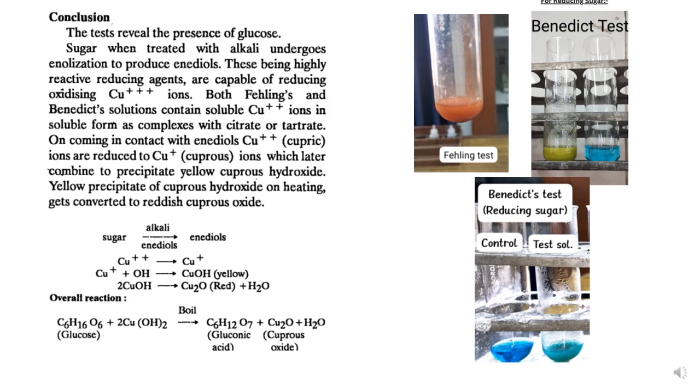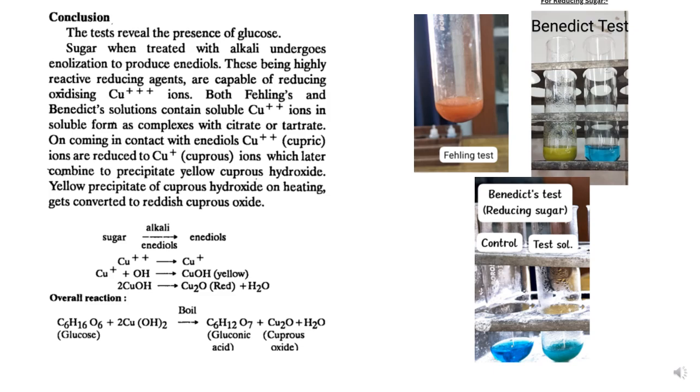So the yellow precipitate of cuprous hydroxide on heating is converted to reddish cuprous oxide, and this is the principle of the reducing sugar test. You can see the reaction says that when sugar or monosaccharides are treated with alkali, they convert into enediols, and Cu2+ is converted to Cu+.